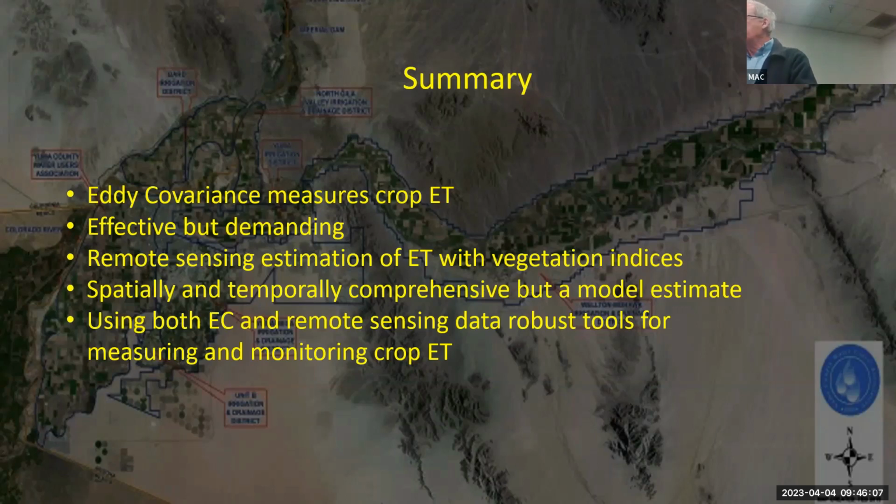A very simple way to do that is to use vegetation indices to allow you to get fractional cover. It allows you to look at agricultural lands anywhere around the globe at a daily time step. Using both Eddy covariance data along with remote sensing are robust tools that allow you to get accurate water use for any crop of interest, and that's my story, and I'm sticking to it.